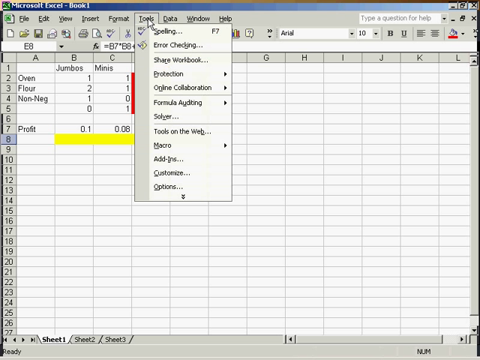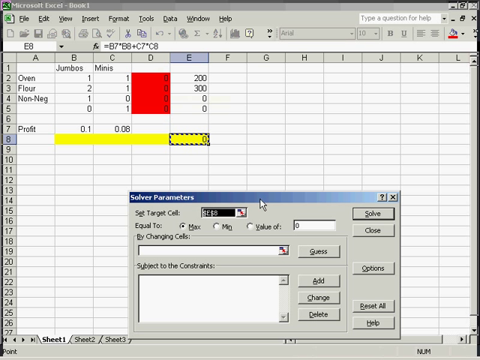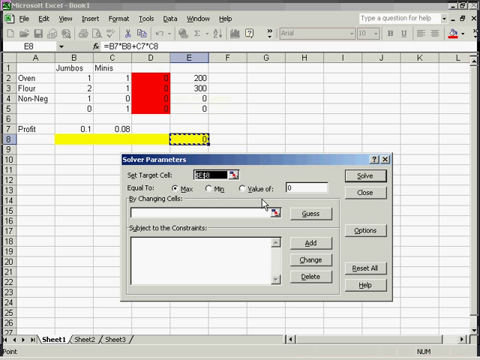I go to the Tools menu and select Solver. This screen of solver parameters will come up. Set Target Cell is where the ultimate profit is going to be. This is set at E8, which is where our profit is going to be, so that's good. Equal to, in this case I want to maximize the profit, so I have the radio button selected with max.